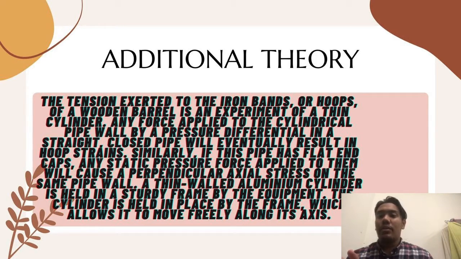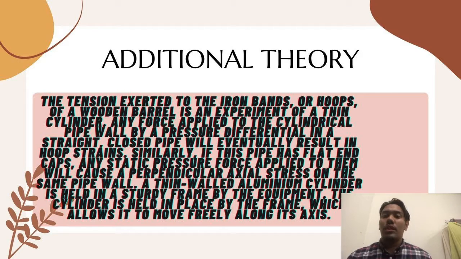Any force applied to the cylindrical pipe wall by a pressure differential in a straight closed pipe will eventually result in hoop stress or strain. Similarly, if this pipe has flat end caps, any static pressure or force applied to them will cause a perpendicular axial stress on the same pipe wall.